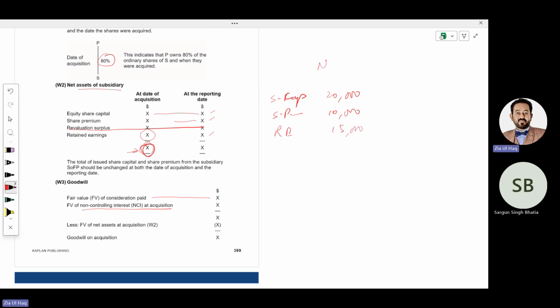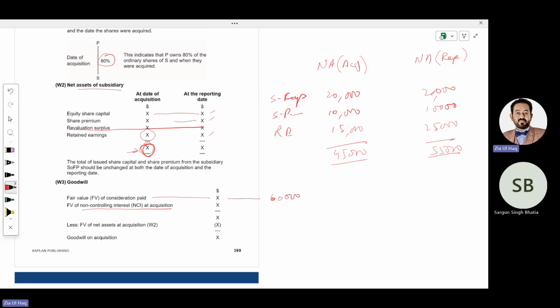This is net assets at the time of acquisition and net assets at the reporting date. Thus, this figure will remain the same. And this was 25,000 over there. These were total 45,000 and these were total 55,000. And the consideration paid was 60,000.